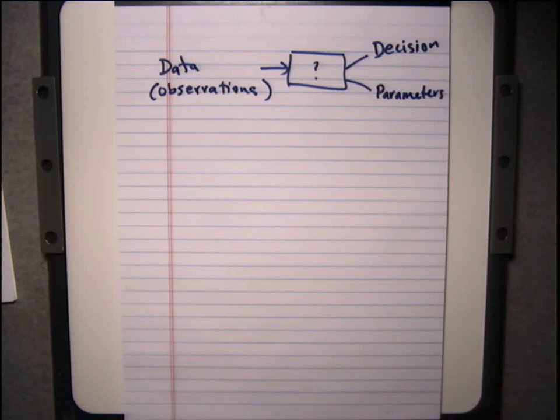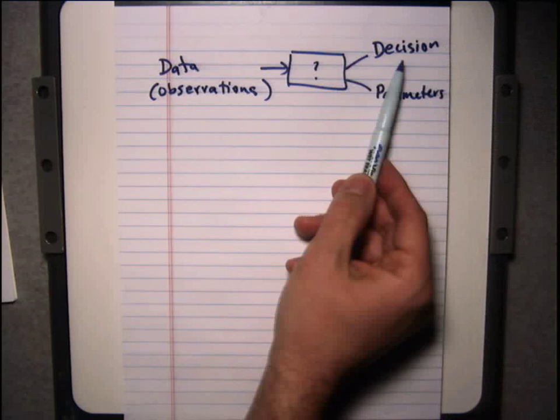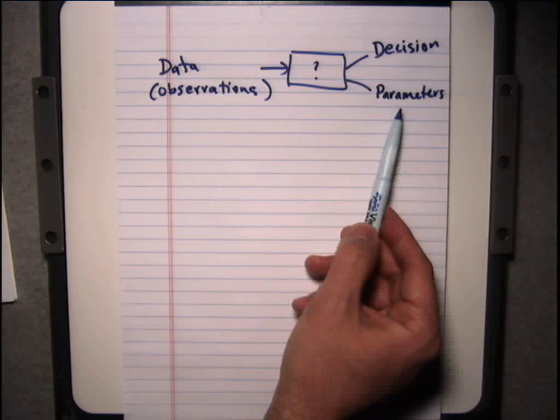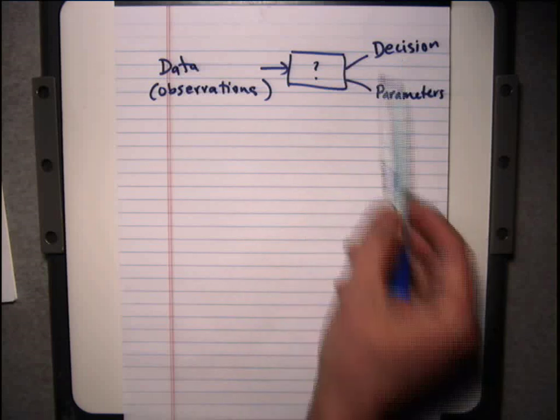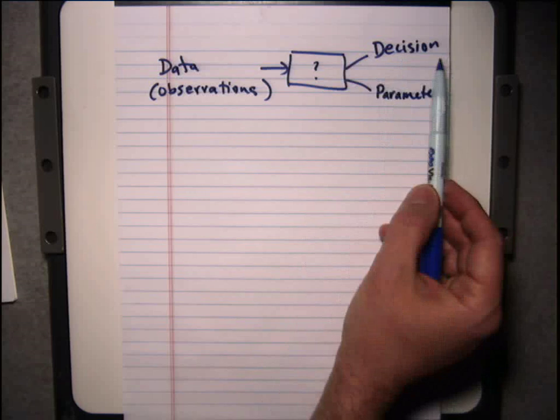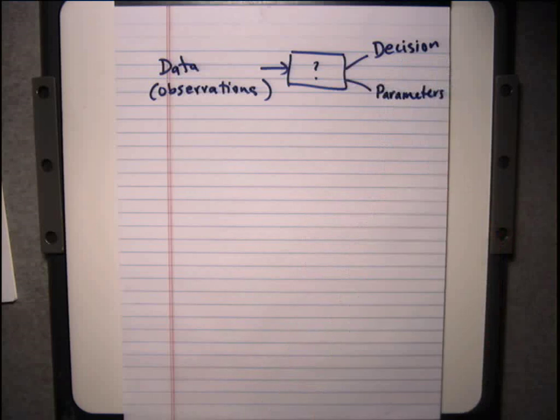Okay? Now, you can also think of parameter estimation as a decision, right? If the number of parameters that you have is only 2, then deciding between 4 or 6 is also a decision, right? The difference between these two is really not that big. You may have multiple decisions, right? Let's say if the engine has 4, 6, or 12, now you have 3 different decisions you have to decide between, right?